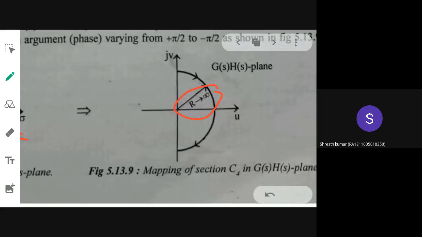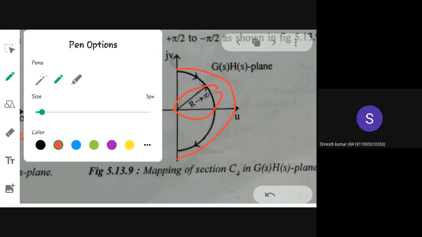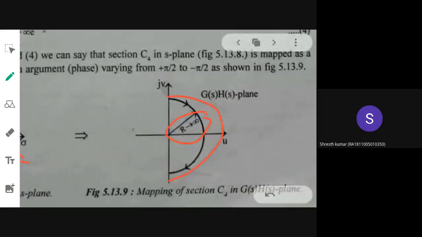The angle of travel, if you consider, is clockwise. As I have derived, it is traveling from pi by 2 to minus pi by 2 now. So this is the map. This is the angle of travel, pi by 2 to minus pi by 2, traveling in clockwise direction. So this will be the map for the last segment, that is the arc of 0 radius.